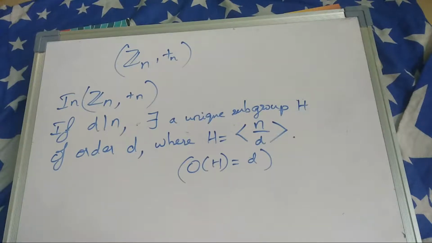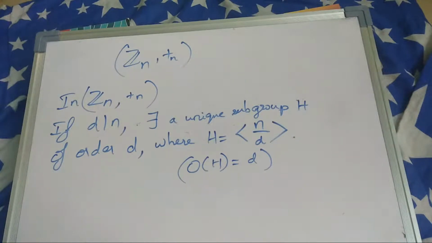The reason is, whenever we have a cyclic group, we can try to somehow relate it to Zn and think of its subgroups. The subgroups of Zn can be easily found using this result.